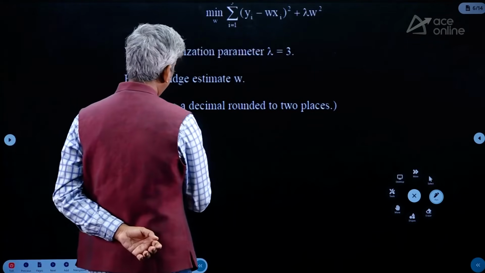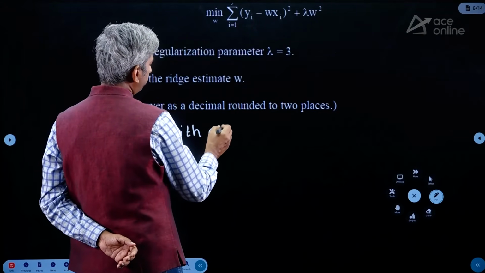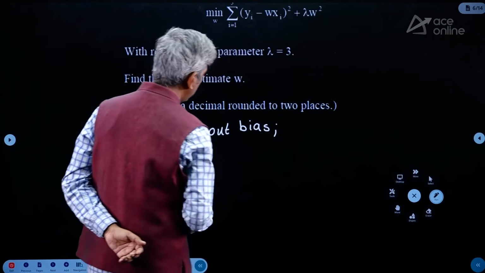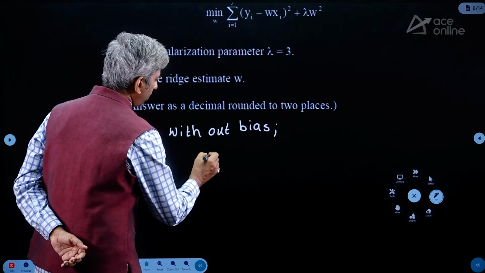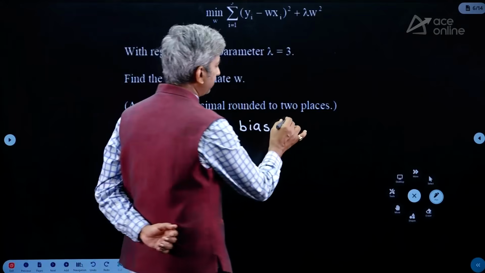So without bias, the model parameter w is given by the ordinary least squares method.